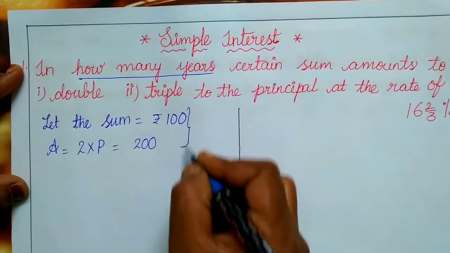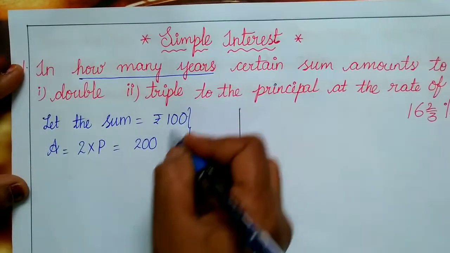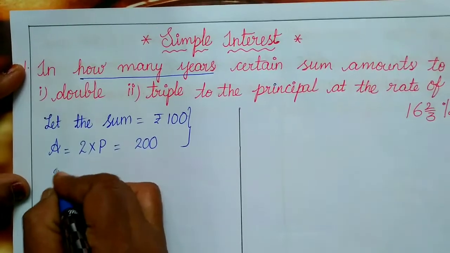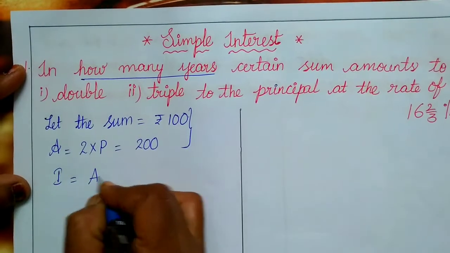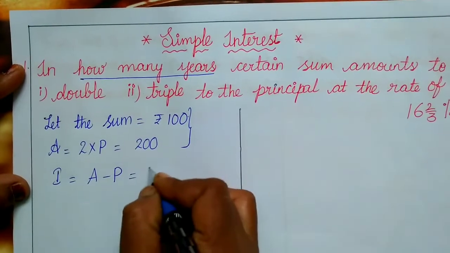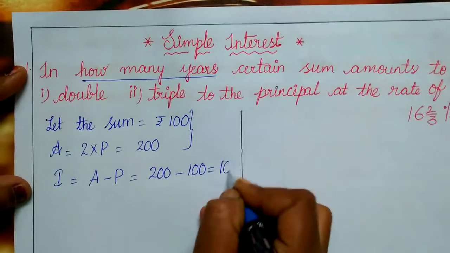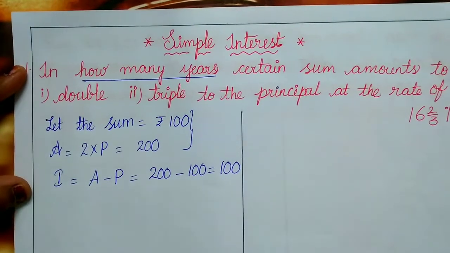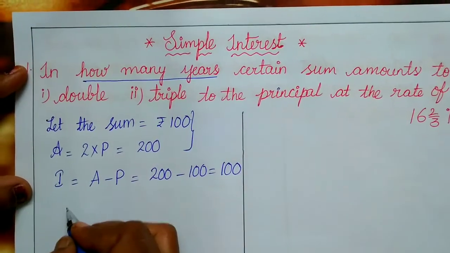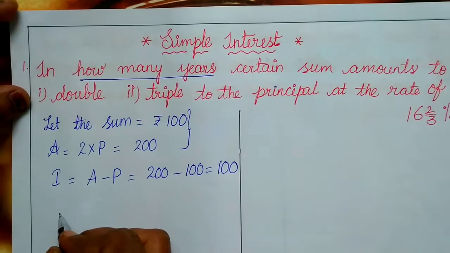From these two values, principal and amount, we can find out the interest. Interest is equal to amount minus principal. So 200 minus 100 is 100. So interest is 100. Now we can find out the time period here.